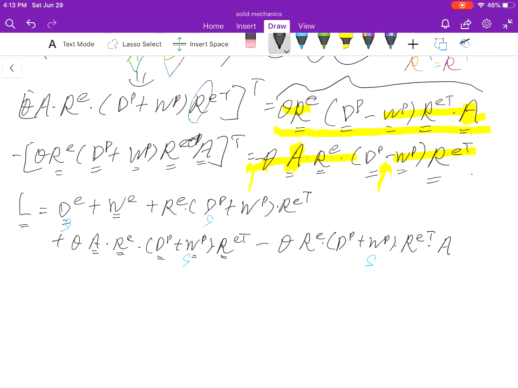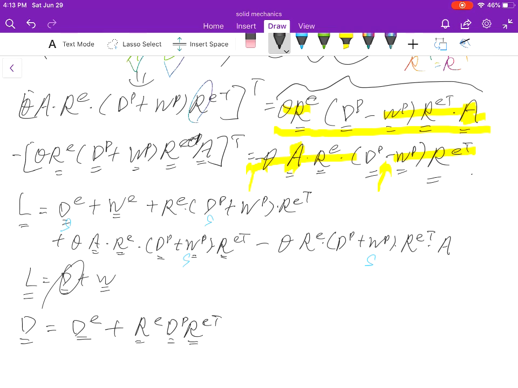What we get is that because L is equal to W plus D, remember this decomposition, we write all the symmetric part as D. So what we get is D equal to De plus Re Dp Re transpose plus theta A Re Wp Re transpose minus theta Re Wp Re transpose A.